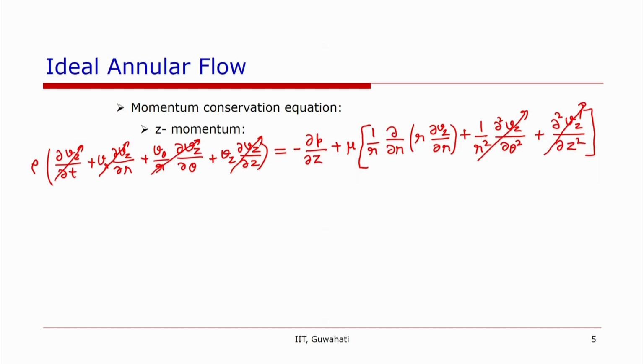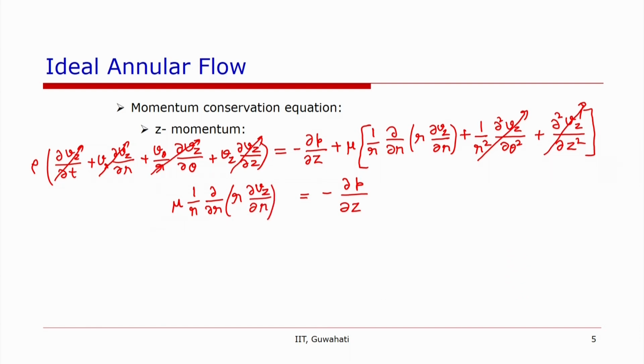So what we end up with is minus del P by del Z is equal to mu 1 over R del over del R of R del Vz over del R.